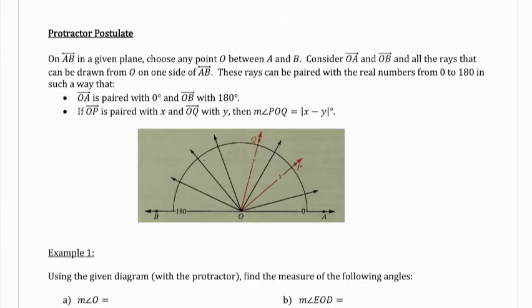So for instance, in our picture here, we see this kind of X line here and Y there. So if I wanted to measure this angle, right, if this is X and this is Y degrees, I can subtract X and Y and take the absolute value, and that gives me the measure of this angle here.